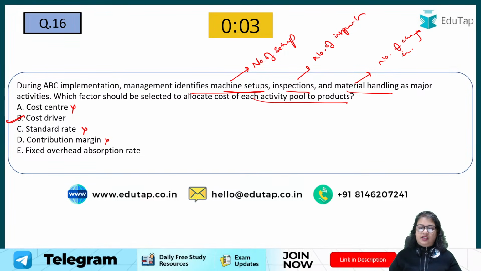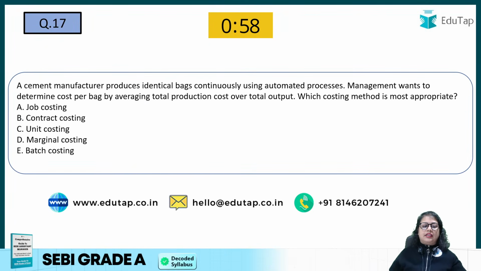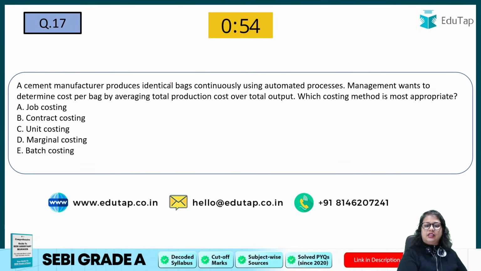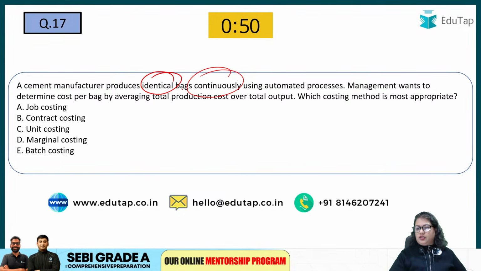Although this was very easy to understand, I hope this is right because everybody gave the correct answer. I hope this was easy. Next, question number 17. A cement manufacturer produces identical bags continuously using automated processes.